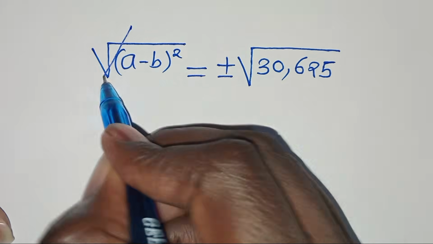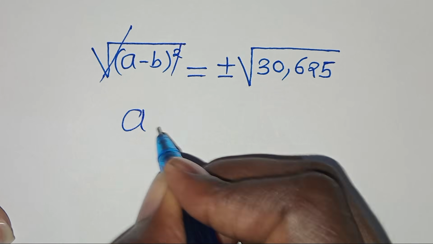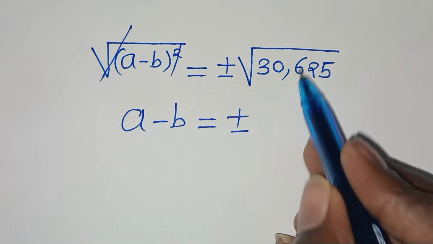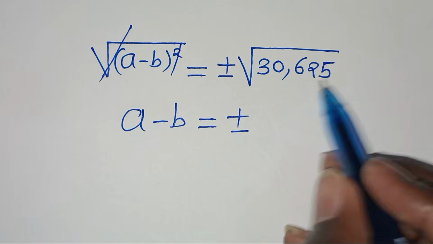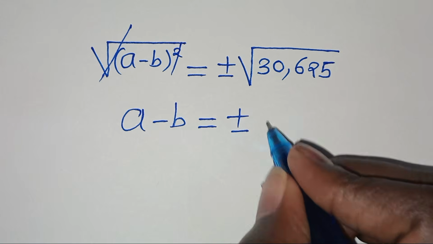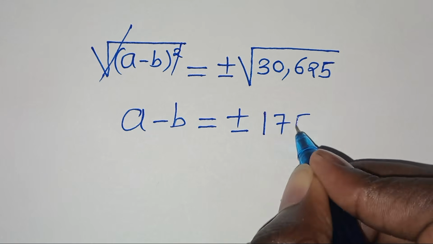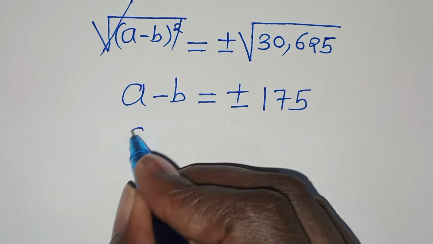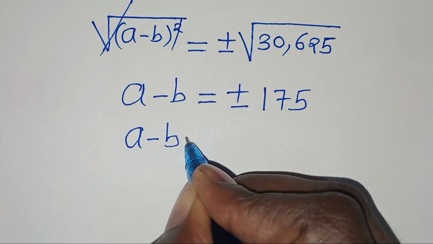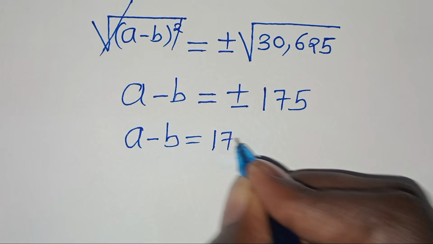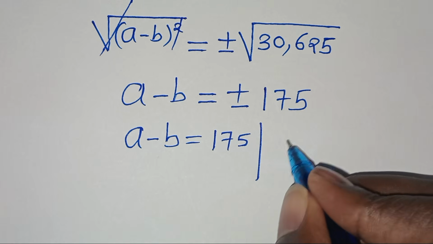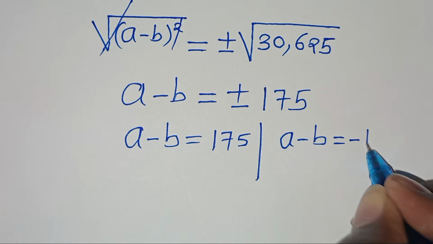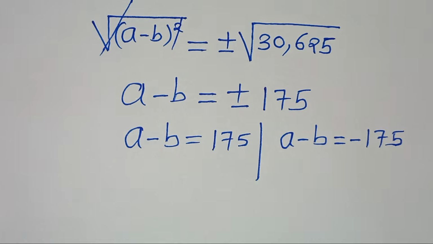Now let's eliminate the square root sign here, so that a minus b is equal to plus or minus the square root of 30,625, which is plus or minus 175. So we have two possible values of a minus b: a minus b is equal to 175, and a minus b is equal to negative 175.